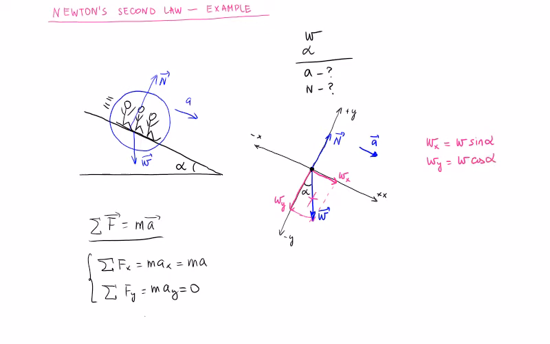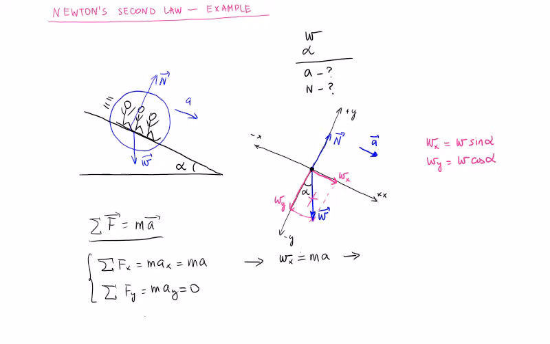Now let's go back to Newton's second law. On the x-axis we have only the x component of the weight, which is weight sine alpha. Weight x equals max. We already decided that a and ax are the same.